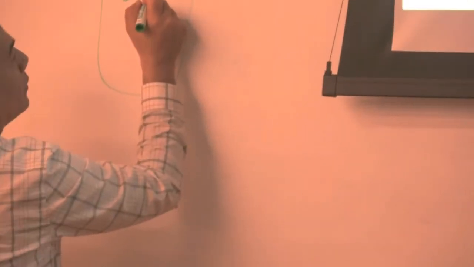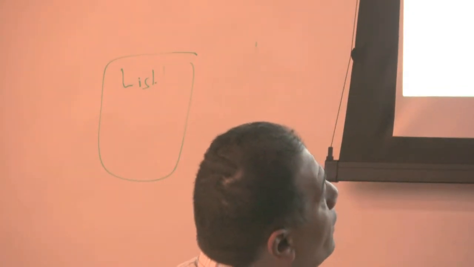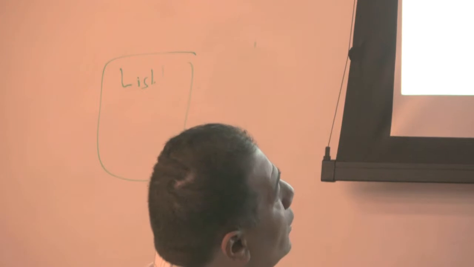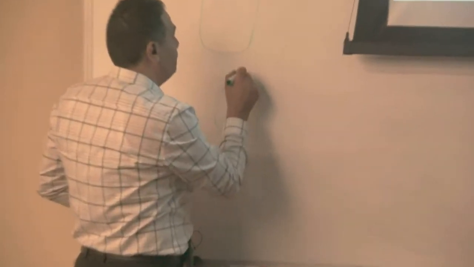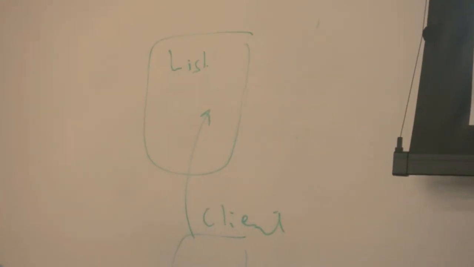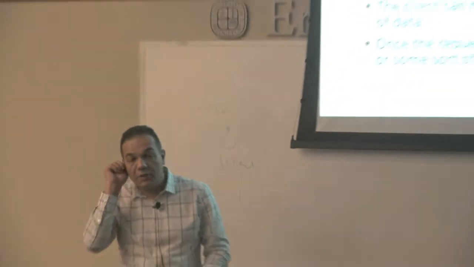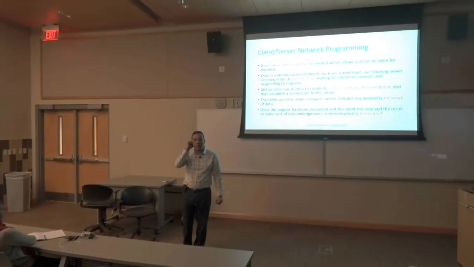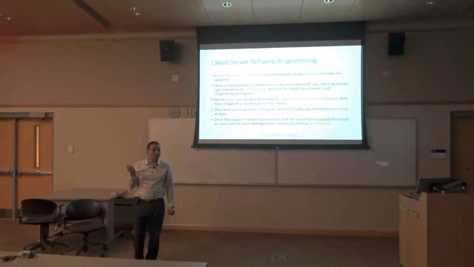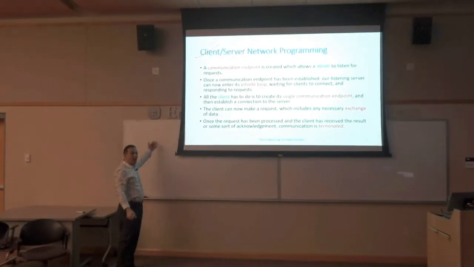Its job is to listen for the request from the client. Then you have the client. Whenever it needs a service, it will go and ask for the service from the server. The server keeps listening until the request comes. When the request comes, it will provide the service.